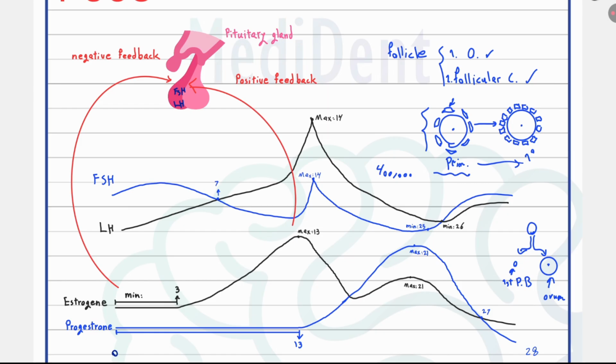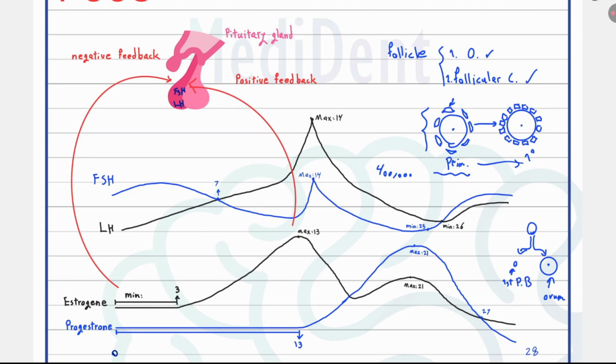The second thing that happens here is that LH causes ovulation. At around day 14, the primordial follicle has changed into primary, the primary into secondary, secondary into tertiary, and tertiary into a mature Graafian follicle. So at the bottom line, at day 14, we have a mature Graafian follicle.